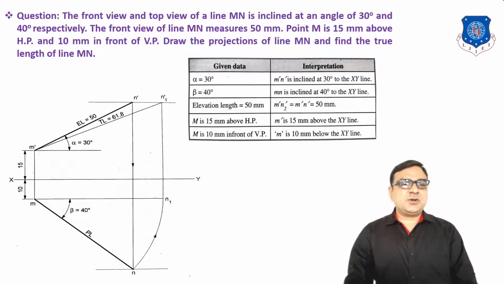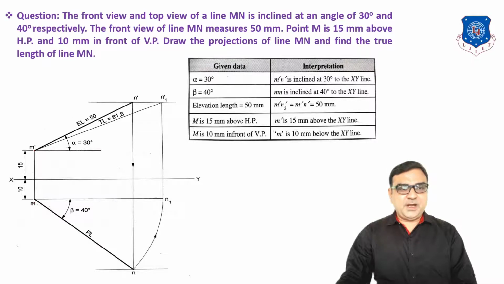So first of all, you have to take an XY line, then locate M dash and M, because 15 mm and 10 mm are given. Now from M dash, you have to draw one line at the 30 degree alpha angle, with the elevation length 50 mm. So now you have N dash.